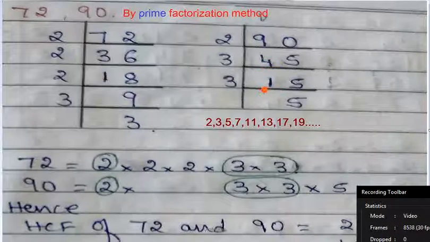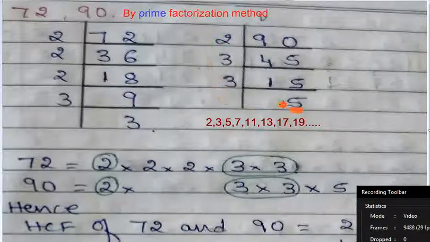Next, 15 we know is again a composite number. Choosing the prime, it's not divisible by 2, it's divisible by 3. 3 how many times means 3 fives are 15. Next is 5. We know that this 5 is a prime, we need to stop. Hence the prime factors of 90 are 2 into 3 into 3 into 5.